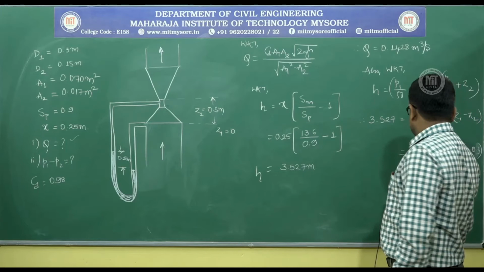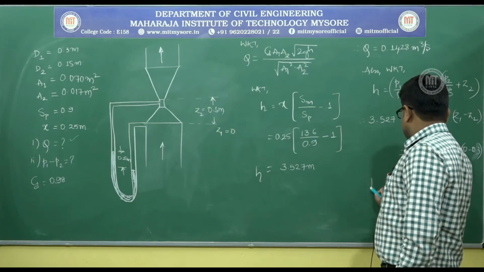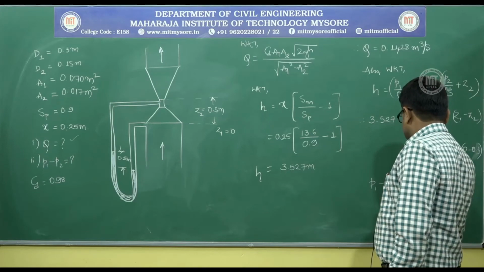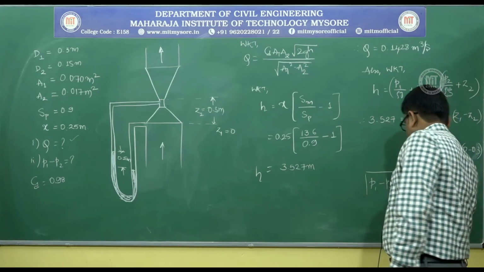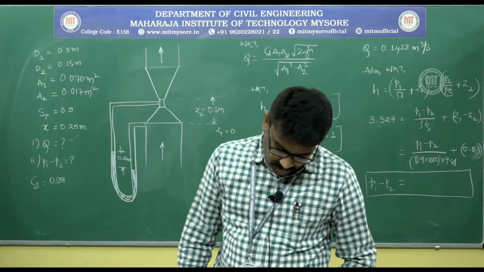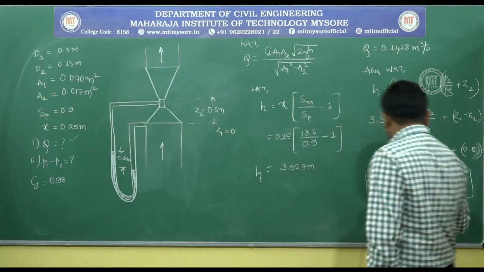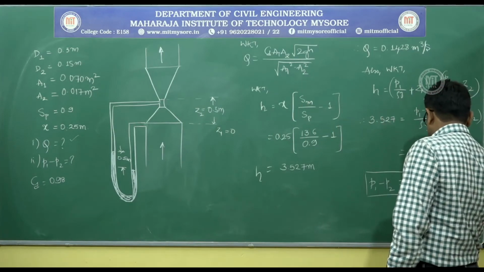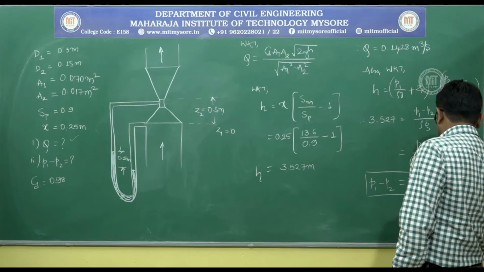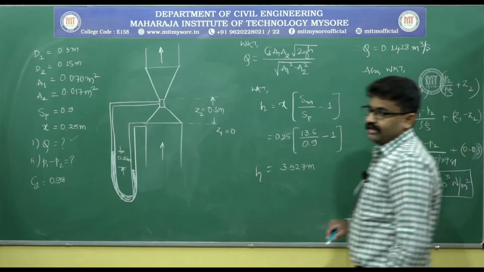So, everything else is known except P1 minus P2. Send everything to that side and get what is P1 minus P2. Therefore, P1 minus P2, you will have that to be equal to 33.78 into 10 power 3 Newton per meter square.